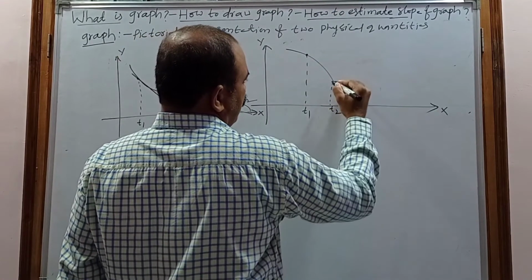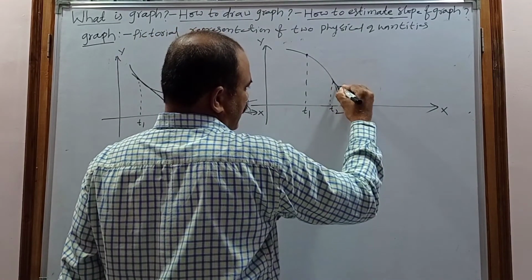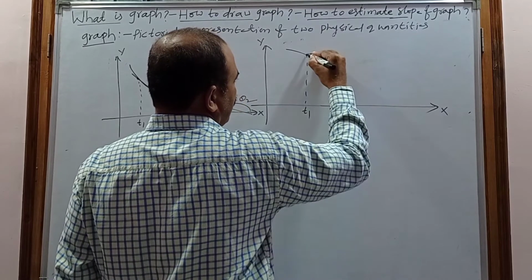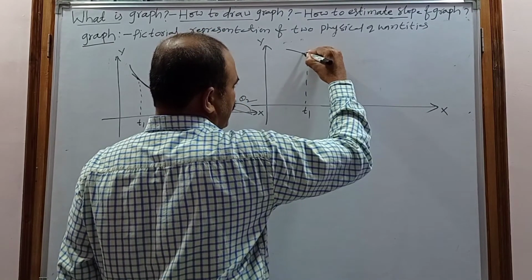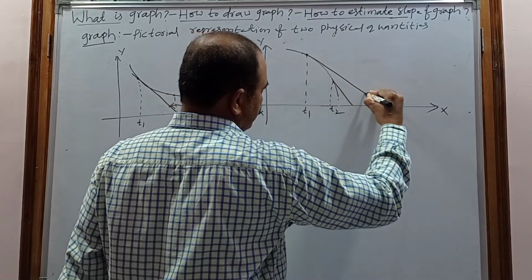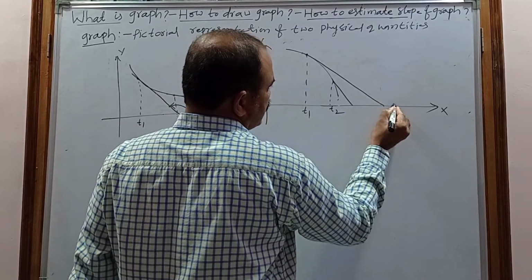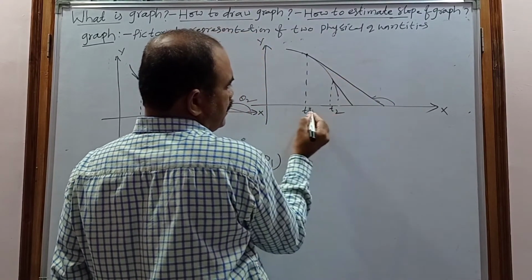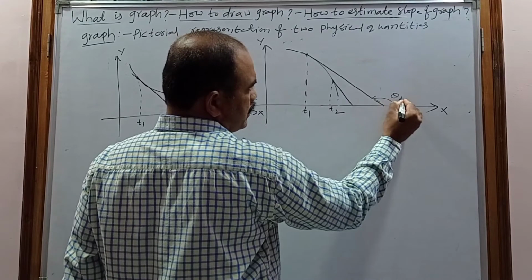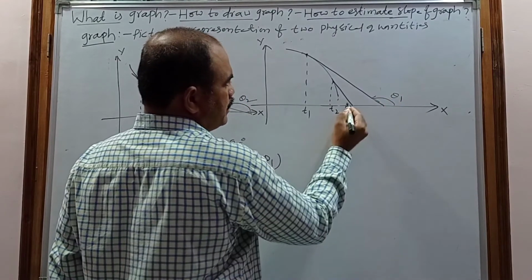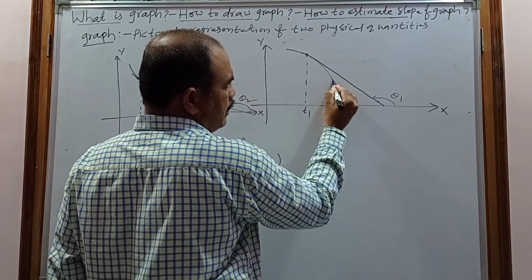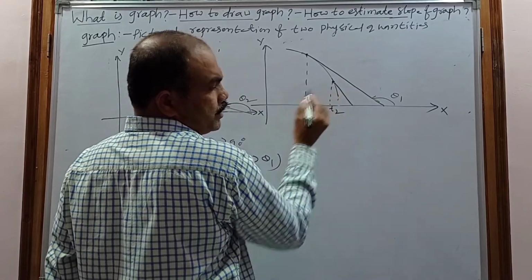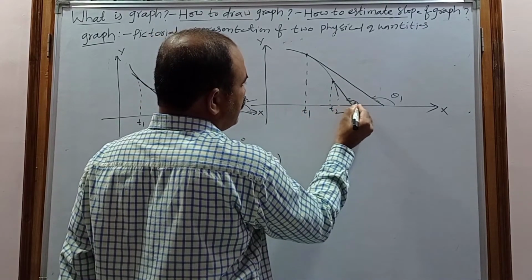Now draw the tangent at the t2 time and draw the tangent at the point when the time is t1. This is the angle made by the tangent when time is t1, this is theta 1. And this is the tangent we draw at time t2, this is the angle theta 2.